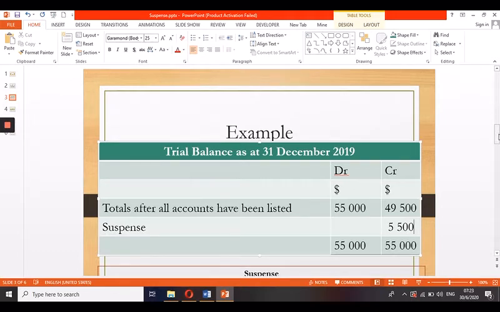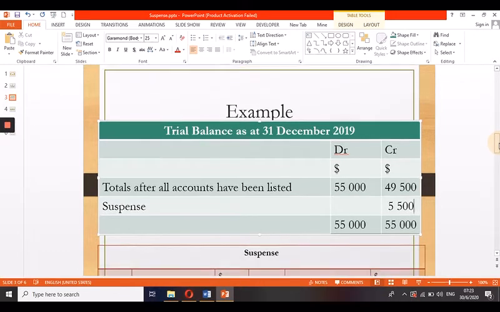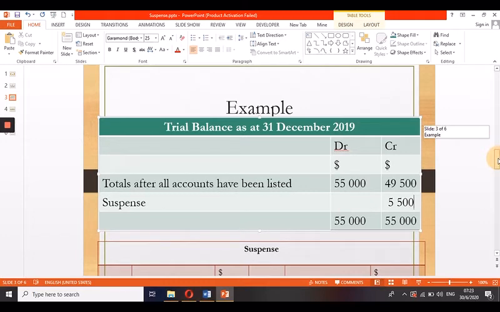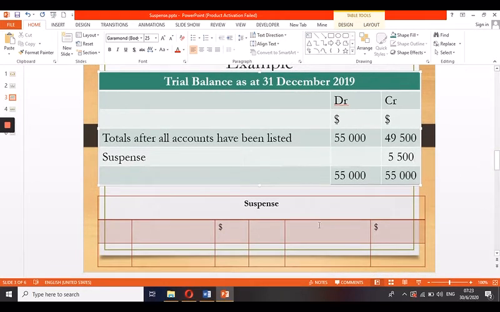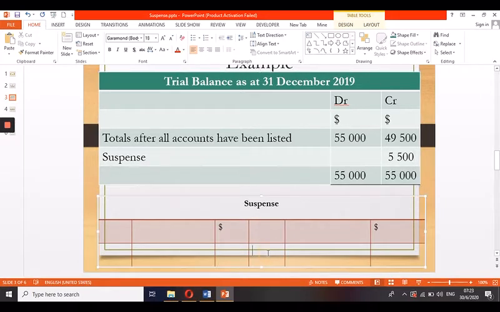We then have to post the suspense account balance into the suspense account. So we create this suspense account. This one in maroon is just a T account, a ledger account. So we post it like this. This is the debit side and this is the credit side.